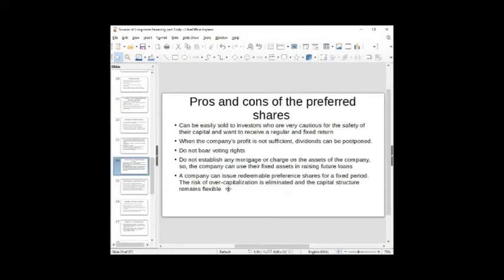A company can issue redeemable preference shares for a fixed period, so the risk of overcapitalization is eliminated because the preference shares offered are redeemable. And for that matter, the capital structure remains flexible.